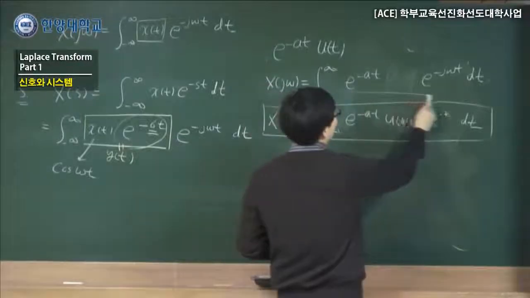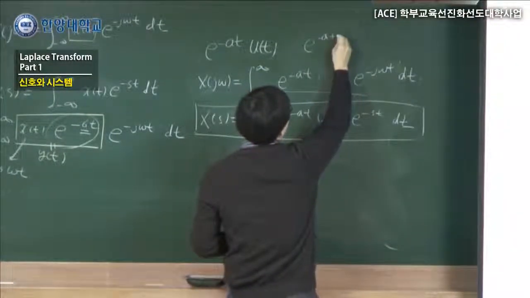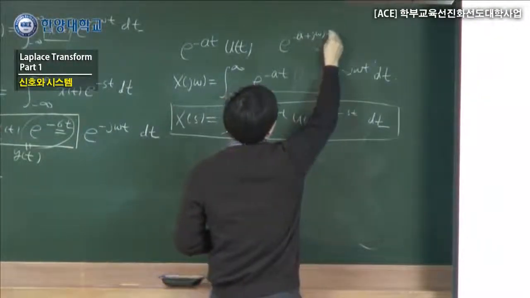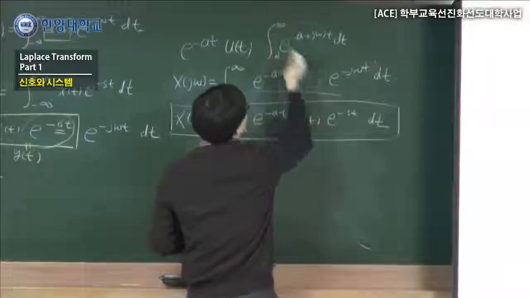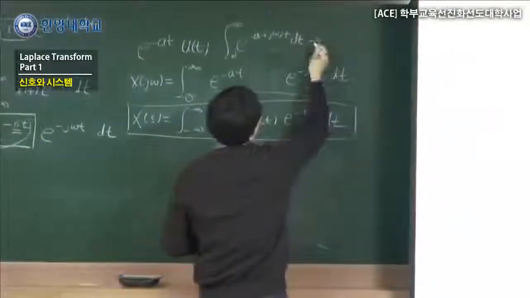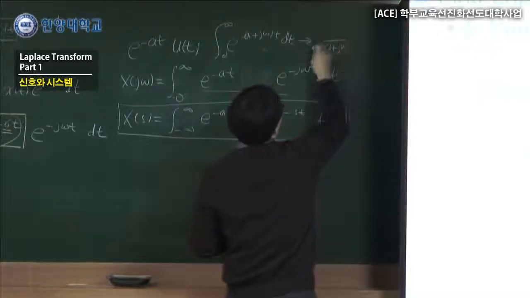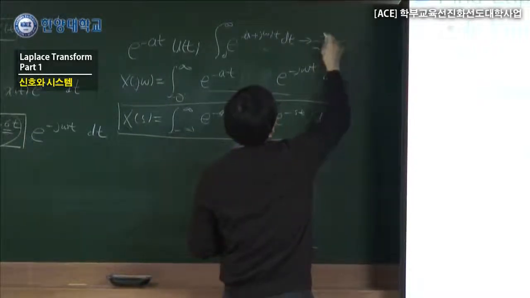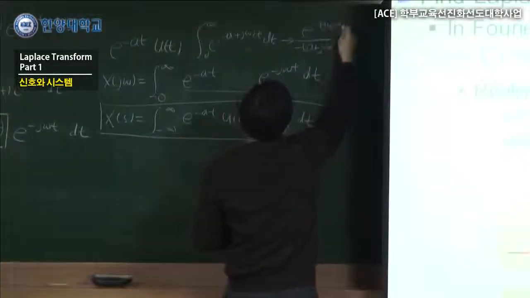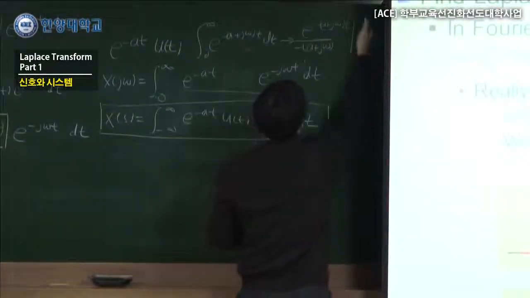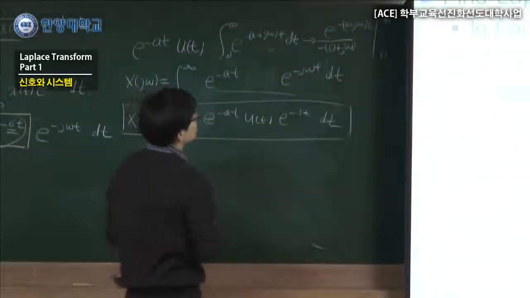These two we multiply together, and they will be given by e to the minus (a plus j omega) t dt from 0 to infinity. Then we get minus 1 over (a plus j omega) times e to the minus (a plus j omega) t from 0 to infinity.